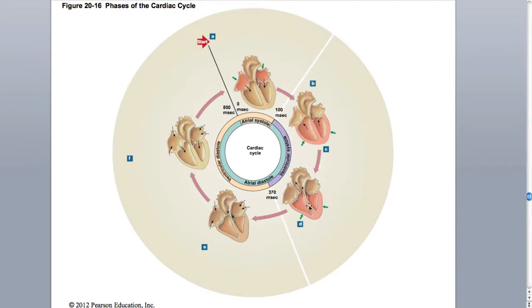During the QRS, what are we doing? We're contracting the bottom. Then there's a moment in time that we're going to have all 4 valves closed. So as you can see, all 4 valves are actually closed.